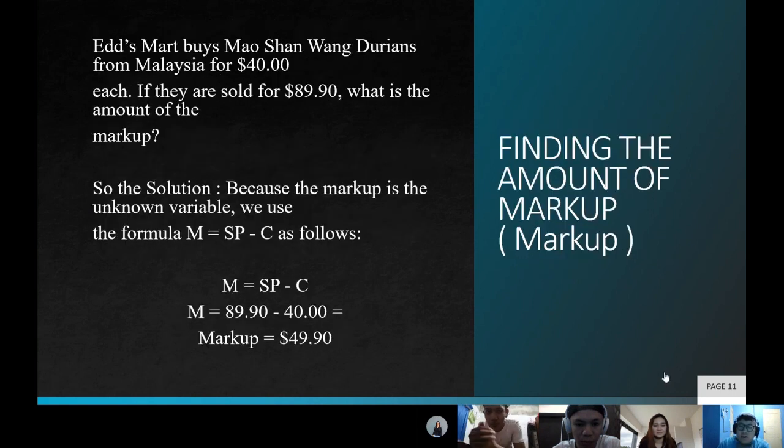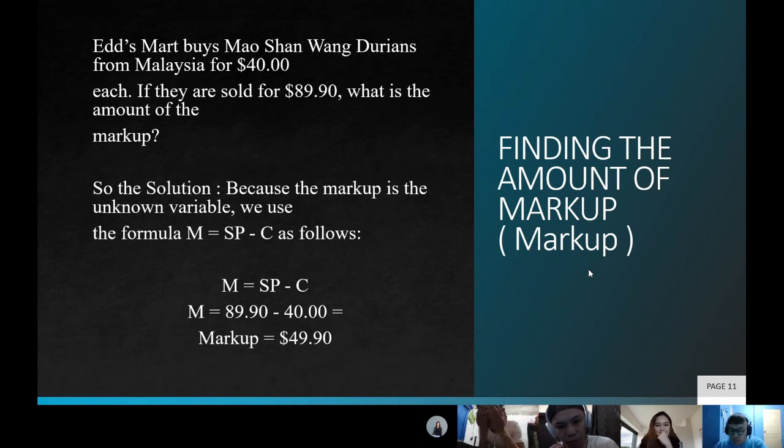Next is finding the amount of markup. A store buys durians from Malaysia for $40 each. If they are sold for $89.90, what is the amount of the markup?